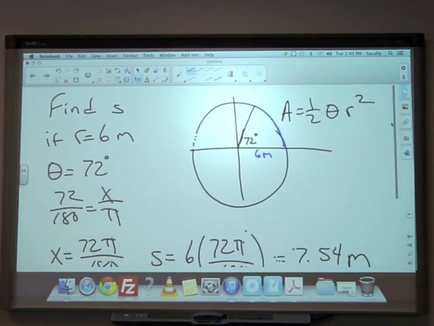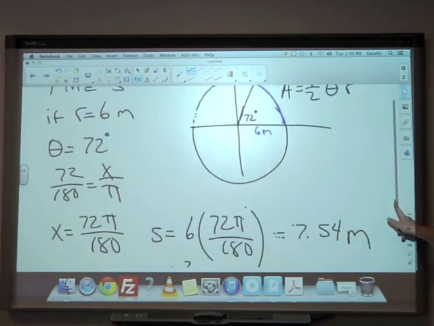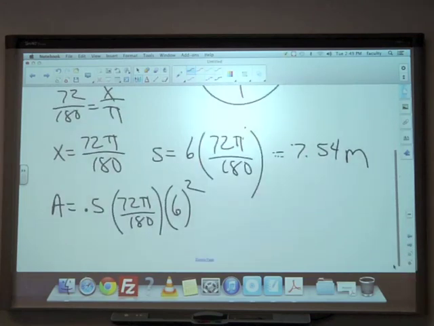I don't really need to know what the simplified form is in this case. You don't have to have it over 180 if you decide not to do it that way. If you decide to simplify that out, that's fine too. But as far as do I have to in this case, no, because it's just a step. So the next thing is to calculate this out, and that'll give you the area.